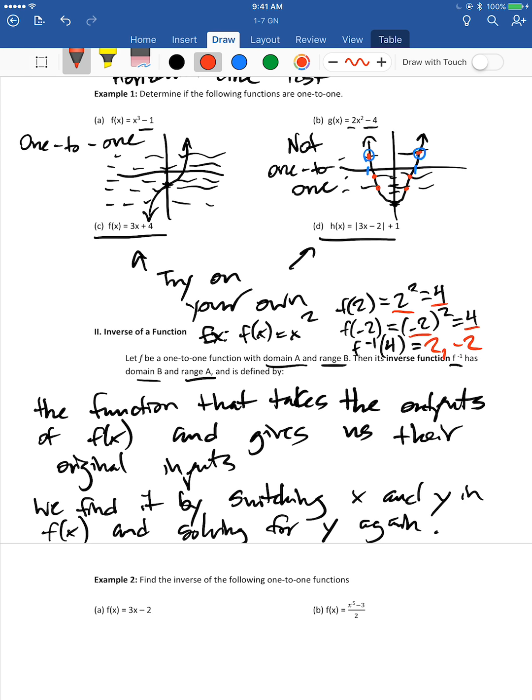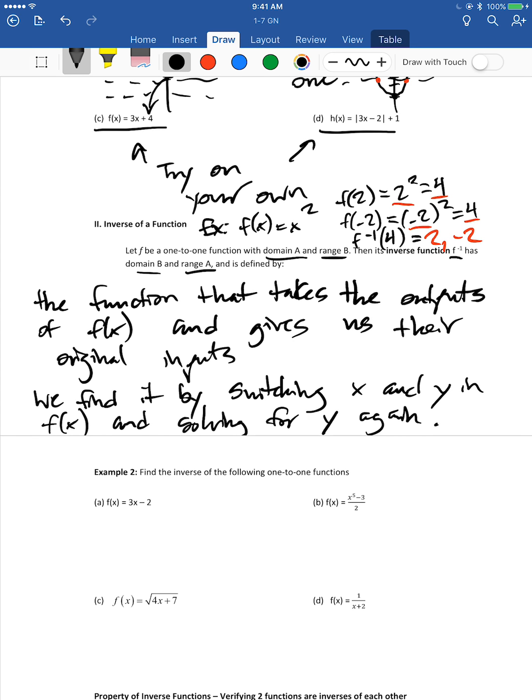One last thing to note about f inverse is that it is symmetric with respect to the line y equals x. And don't worry, we will go through examples of this. We've talked about, with transformations, reflections, and things being symmetric with respect to, even and odd functions, with things being symmetric with respect to either the y-axis or the origin.